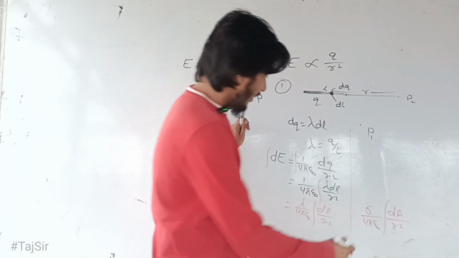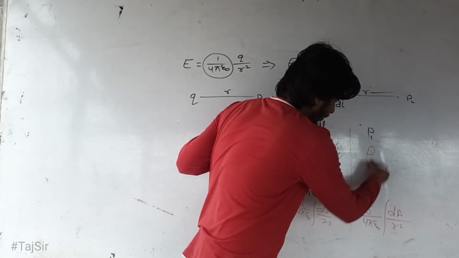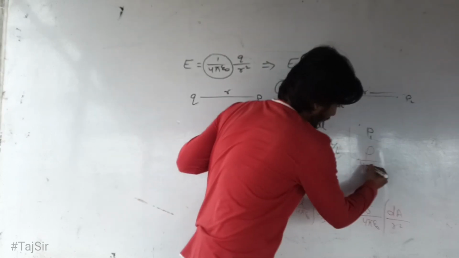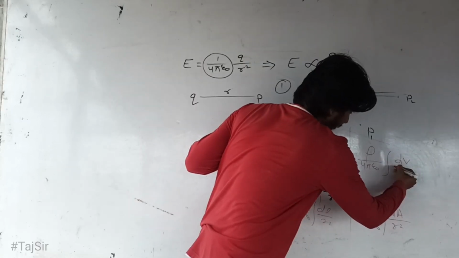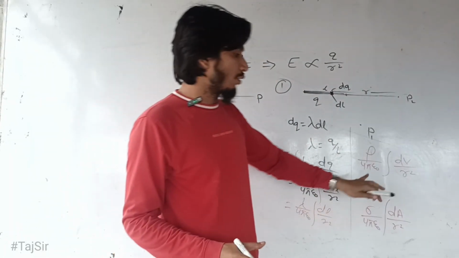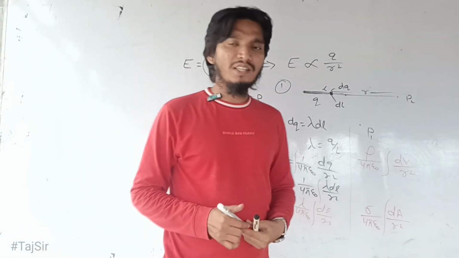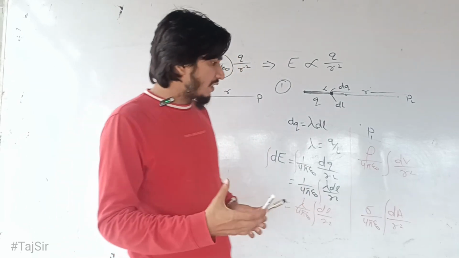In the same way, if we have a volume charge distribution, then this expression becomes rho divided by 4 pi epsilon naught and a small volume dV by r square. With proper limits we can calculate this. So whenever there is a charge distribution, we don't need to think that it is tough.